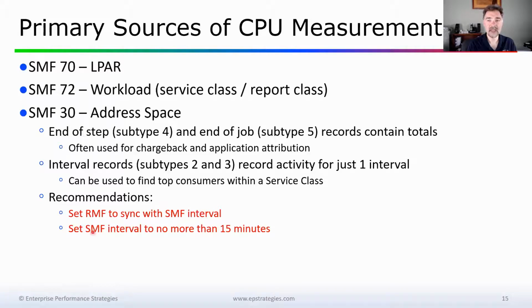Also, make sure that interval is no more than 15 minutes, and that it's the same across all the systems in your environment. It makes it very difficult to start comparing what's happening on the machine when the LPAR's recordings are at different intervals. So just be aware of that as well.